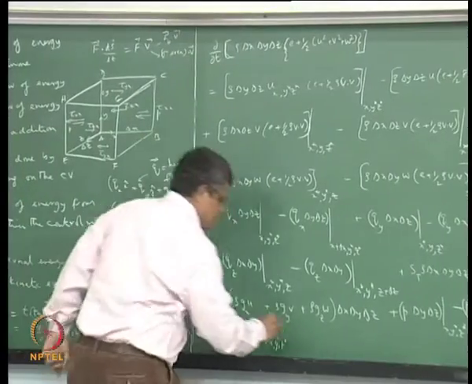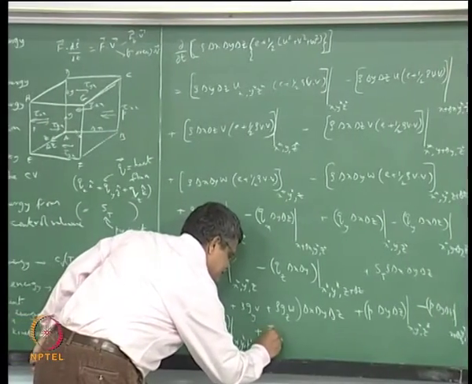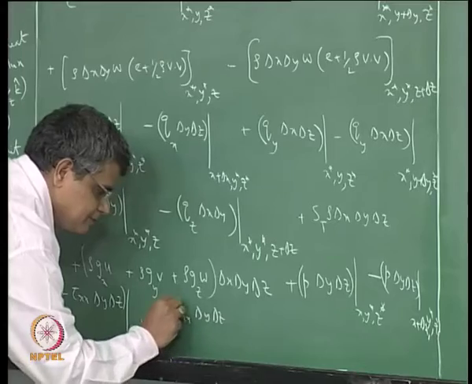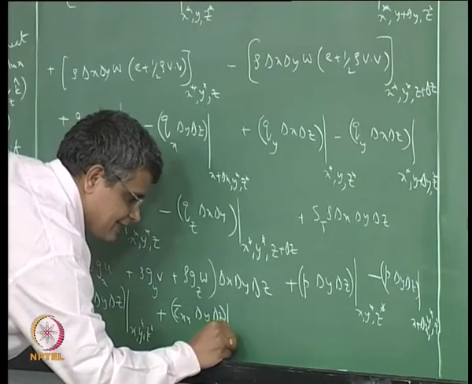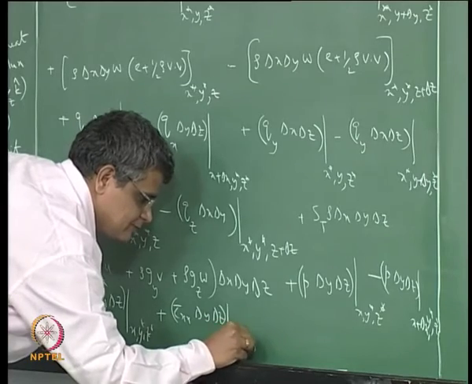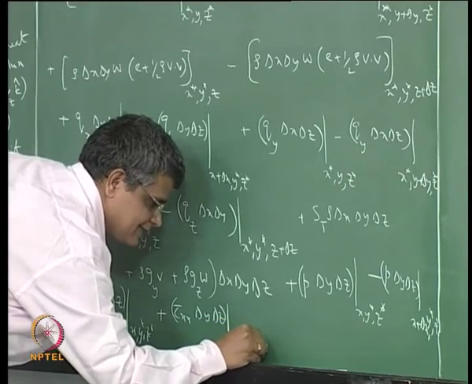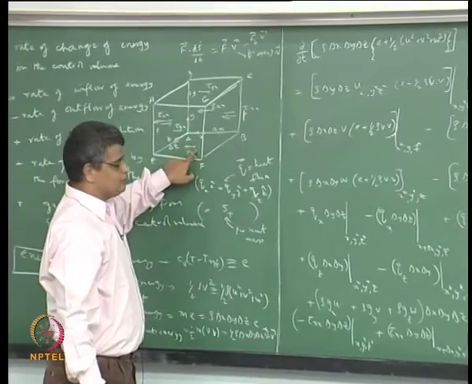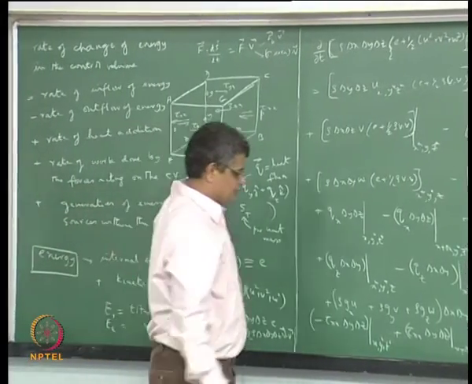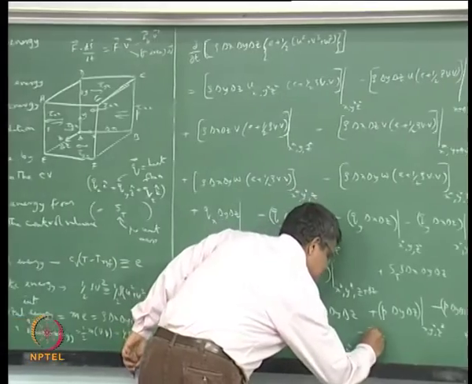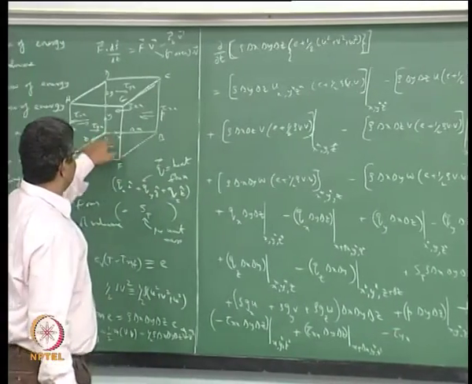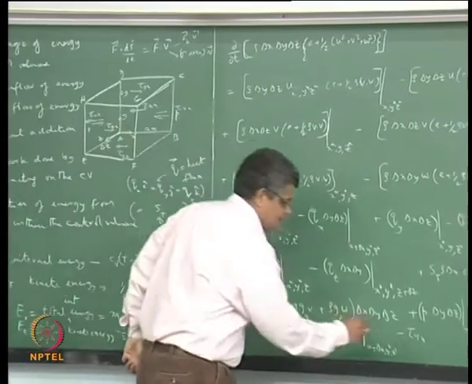On the positive x face, that is tau xx delta y delta z at x plus delta x, y star, z star. The negative y face, that is the bottom face, that is minus tau yx times the area on which it is acting, delta x times delta z.